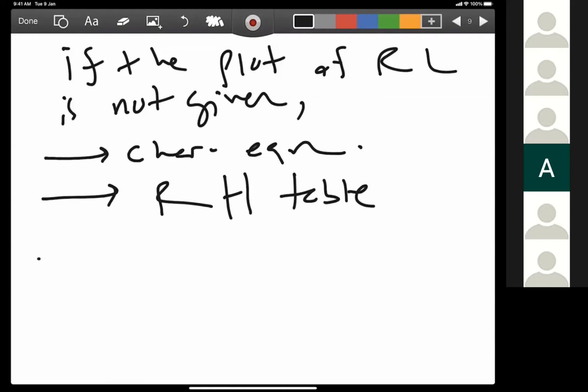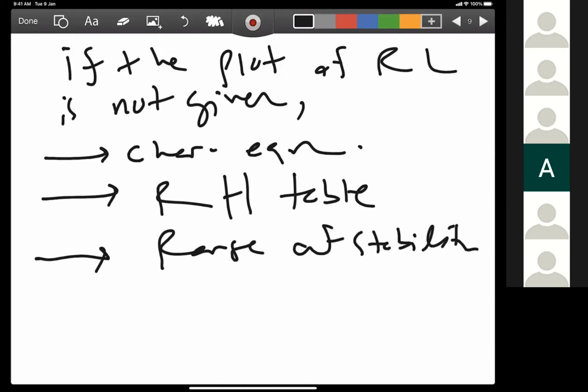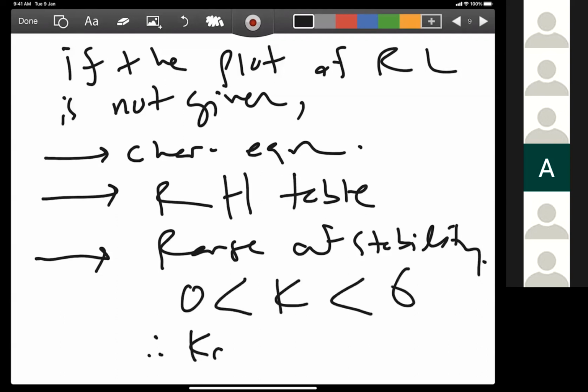Use the Routh table and find the range of stability. The range of stability by Routh is K from 0 to 6. So that's why K critical is equal to 6. The question asks for the intersection point and the critical gain.